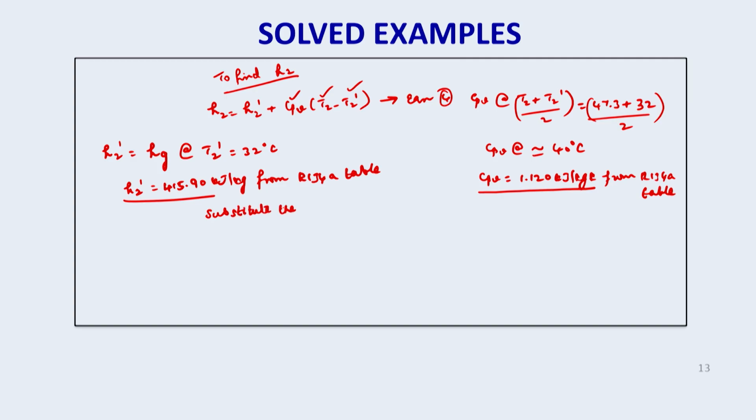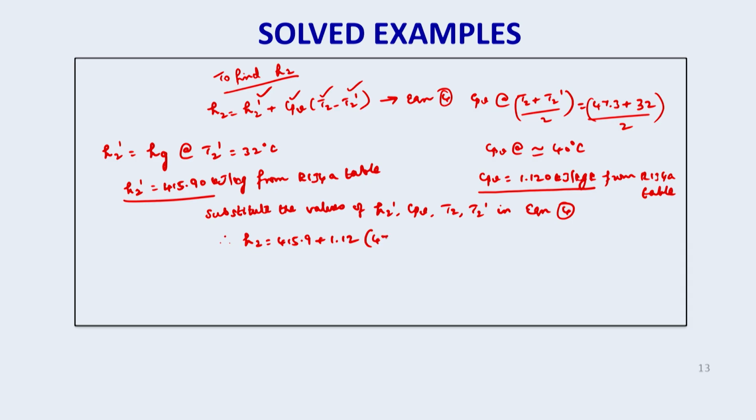So now we have found H2 dash, so we can find out H2. Substituting H2 dash and Cp of vapor in equation 4, H2 is equal to H2 dash, which we have just found, 415.9, plus Cp of vapor, 1.12, into delta T, T2 minus T2 dash.